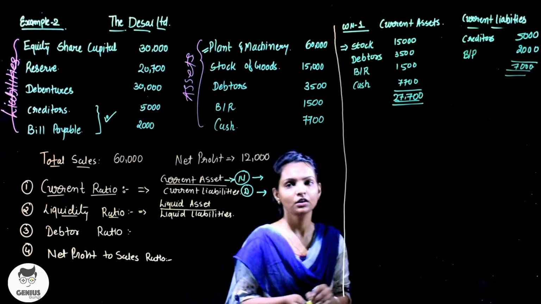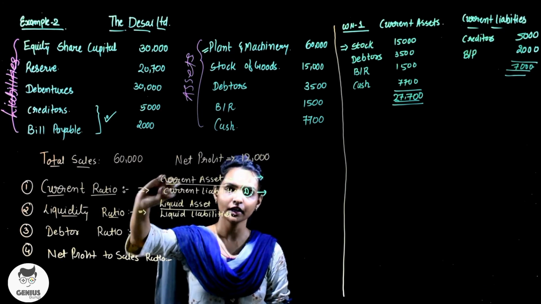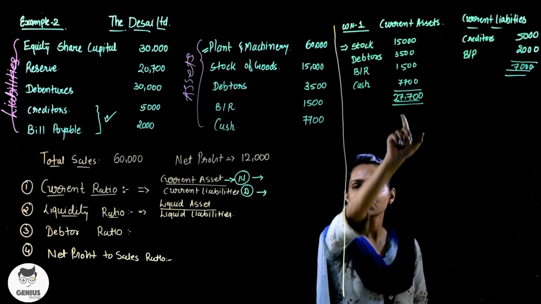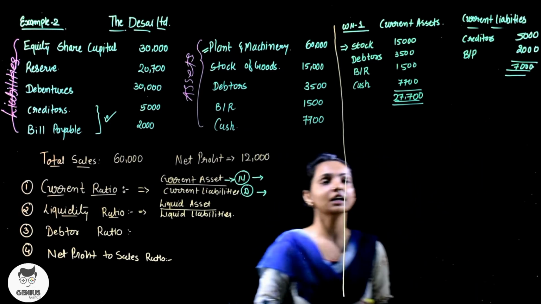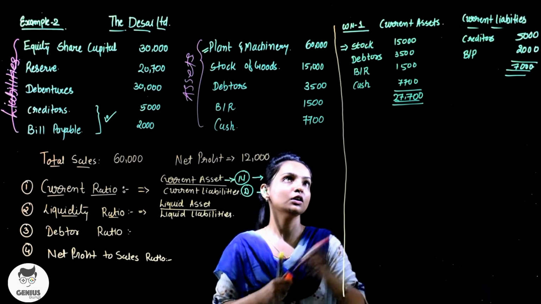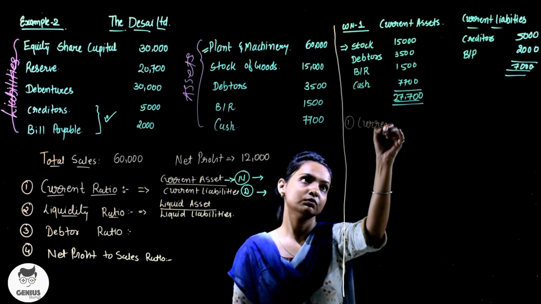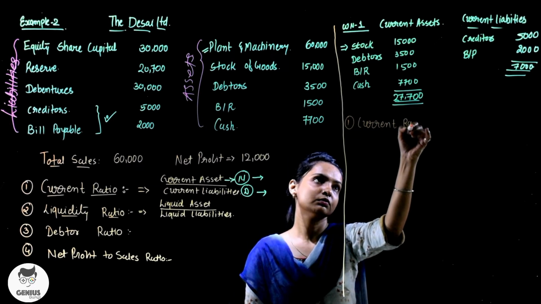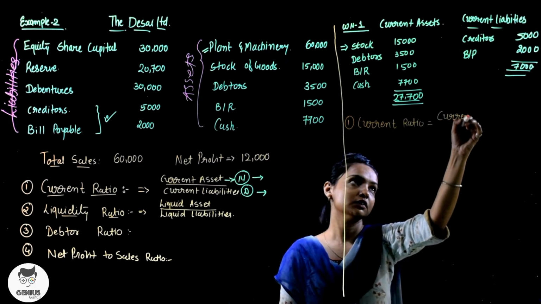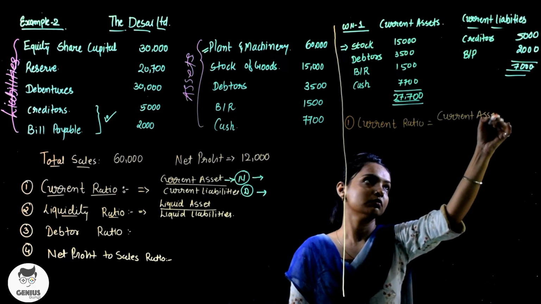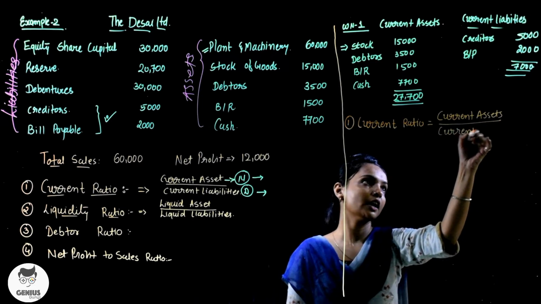See, what we have done, we have compared our current assets and current liability. Total of current assets is 27,700 and total of current liability is 7,000. Now put the formula of current ratio: current assets and current liability.